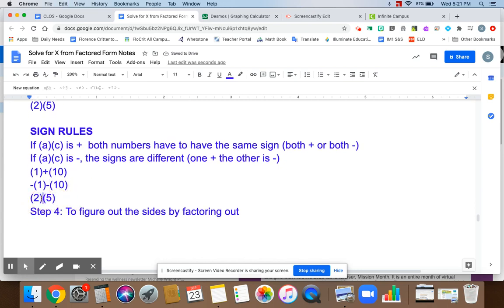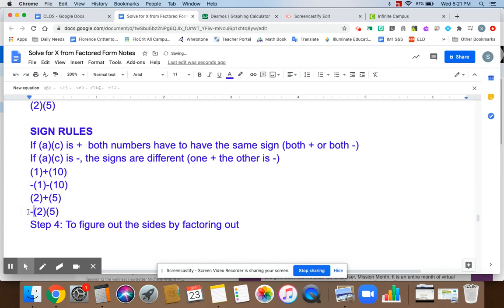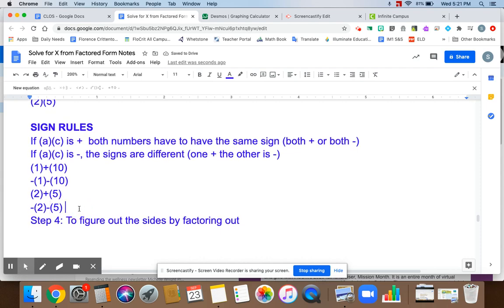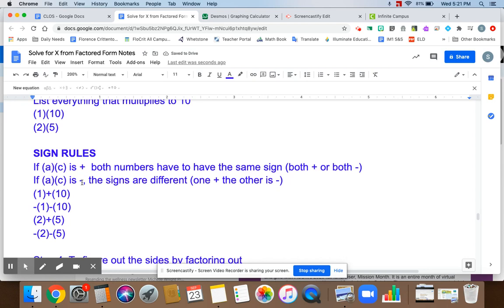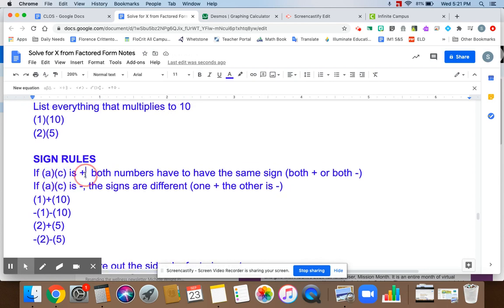Same thing here, either they're both positive, so I add them, or they're both negative. There's minuses. Now I know that they're either both plus or both minus because when I multiplied a times c, I got a positive number. And 2 positives make a positive and 2 negatives make a positive when you multiply. So now let's see when I add and subtract.